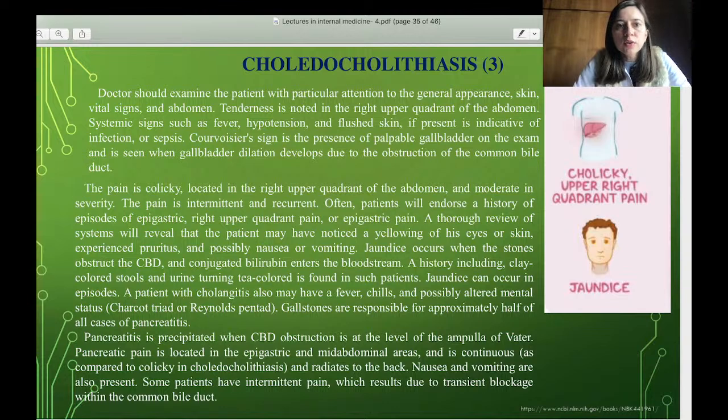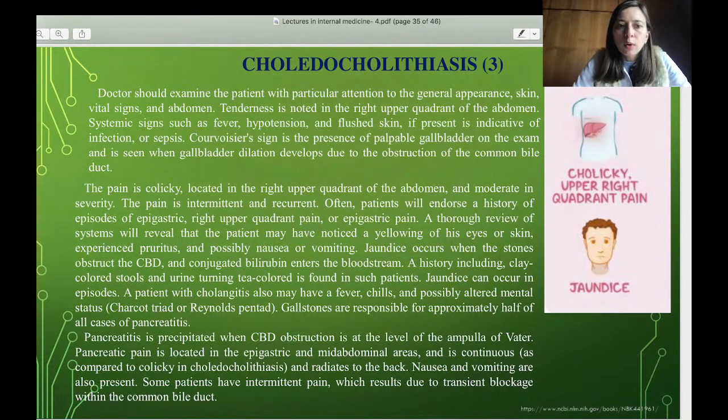Systemic signs such as fever, hypotension, and flushed skin, if present, are indicative of infection or sepsis. Courvoisier sign is the presence of a palpable gallbladder on the exam and is seen when gallbladder dilation evolves due to the obstruction of the common bile duct.